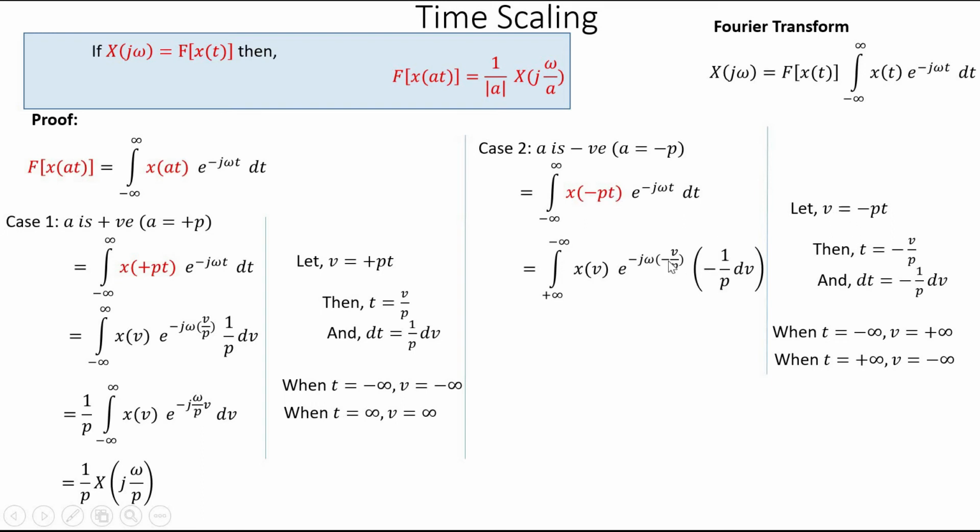Then x of minus pt becomes x of v, t becomes minus v by p, and dt becomes minus 1 by p dv. So we can take this constant minus 1 by p outside. So minus 1 by p integral plus infinity to minus infinity x of v e raised to minus j omega times minus v by p dv.